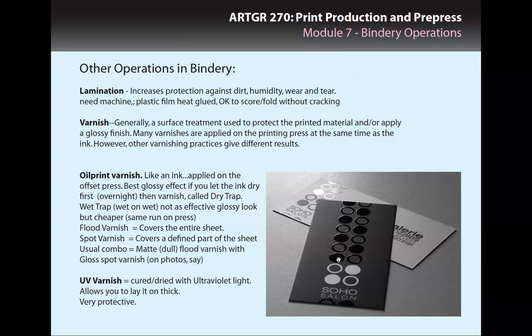So whenever you cover a whole sheet with varnish, they call that a flood varnish, and it just covers the whole sheet. But if you want to cover just certain areas, like these circles on this printed piece here, then that would be a spot varnish, and you as the designer would have to draw or create the art that would create the varnish layer.